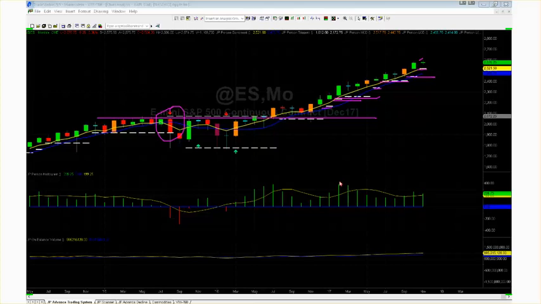This could be kind of scary for those that are aggressively long the market. This is the first time this year that the small speculators are long the market right now.